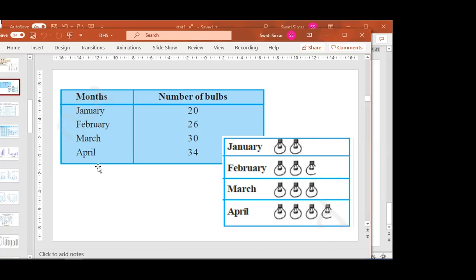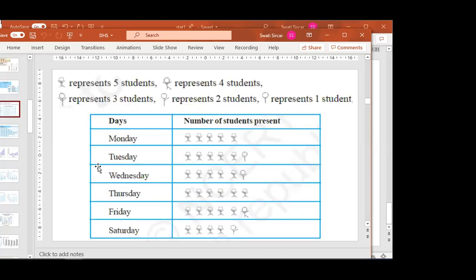Now, NCERT has tried to resolve it to an extent. You see how the symbol is modified to represent 5 students, 4 students, 3 students, 2 students, etc. So from this pictograph, you can completely get that.